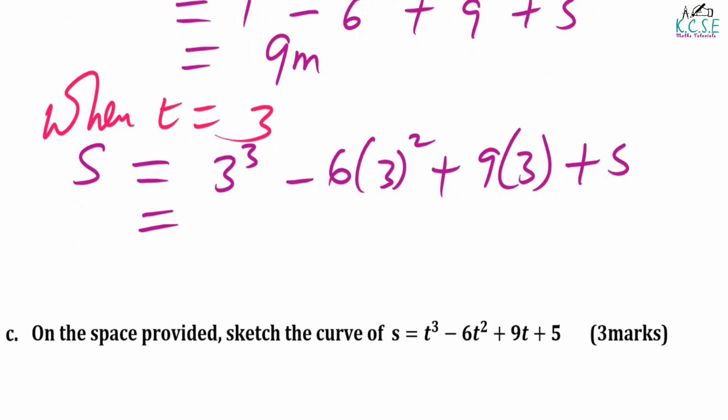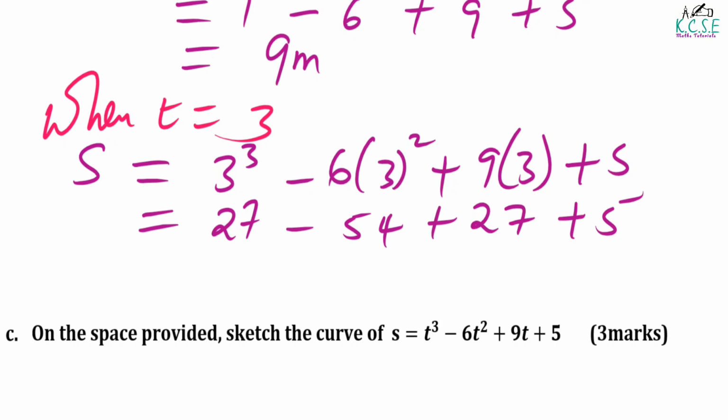So this gives 27 minus 54 plus 27 plus 5, and when you work this out, you're supposed to get 5 meters. So that is what you get, 5 meters.